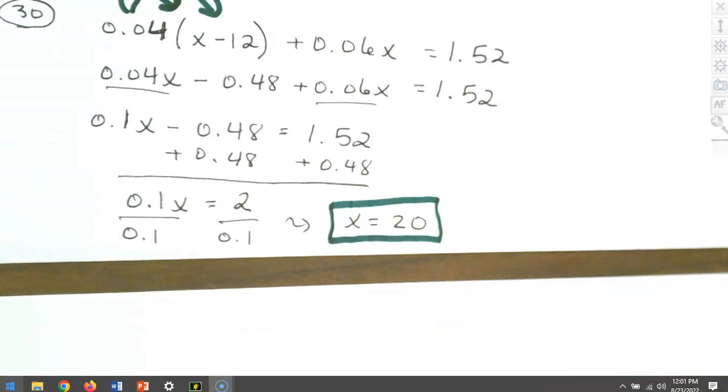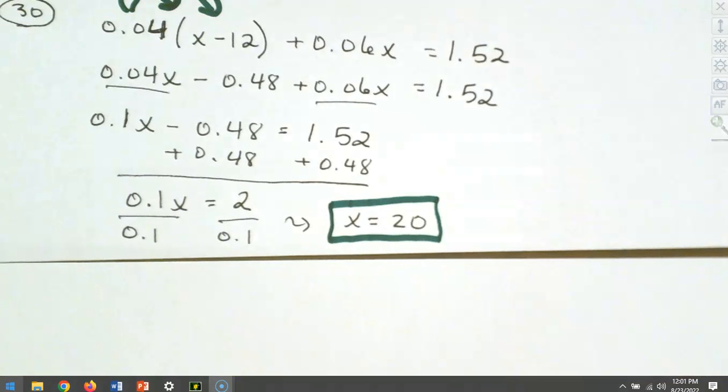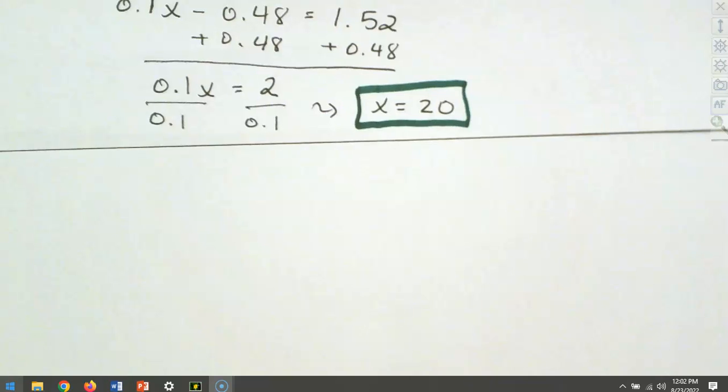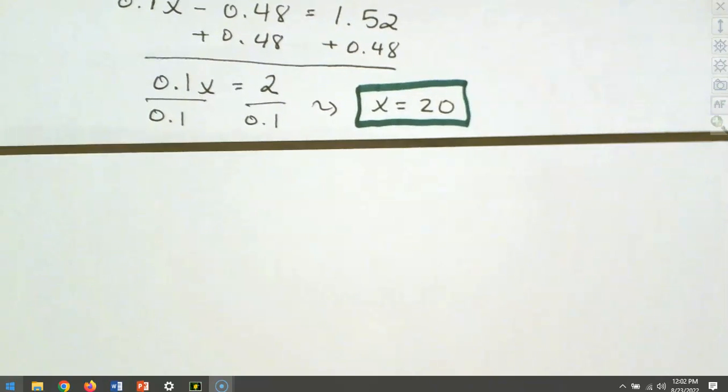So now let's look at some more topics in this section. We've got a couple more to cover. Not much left though, really. We've done the hard part already. We're going to look at now literal equations.